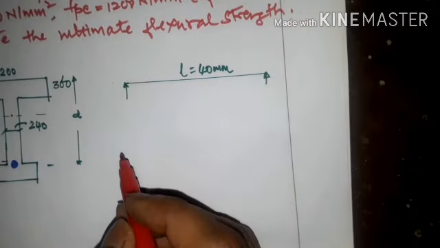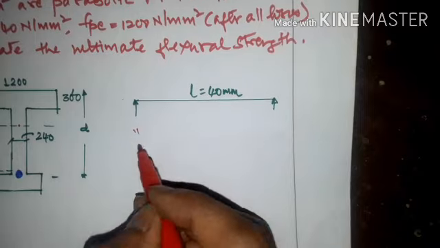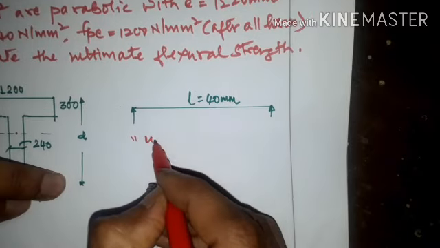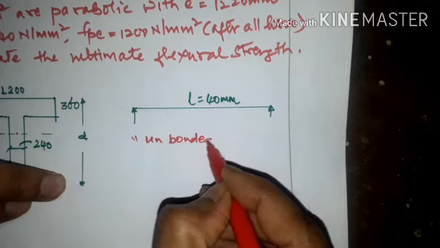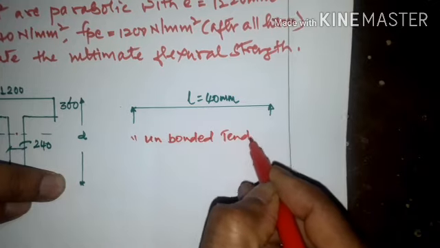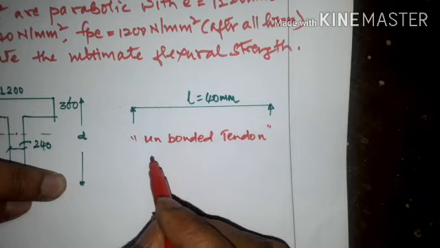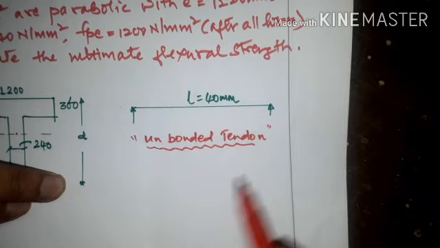One more important thing we have to check is that it is an unbonded tendon. This is very important. This is an unbonded tendon.